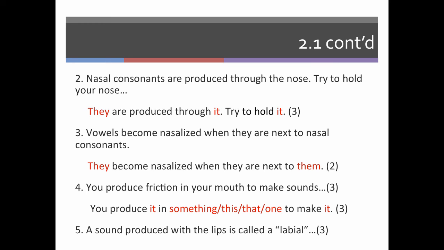So you produce it in this to make it. So again, 3 noun phrases in 4, and then in number 5, this produced with that is called this. Certainly that sounds a little strange, but grammatically it makes perfect sense.